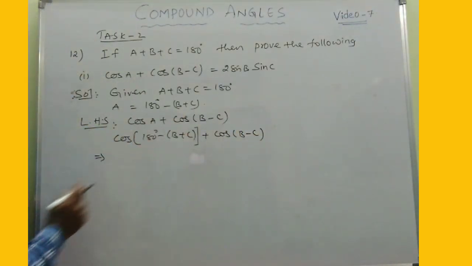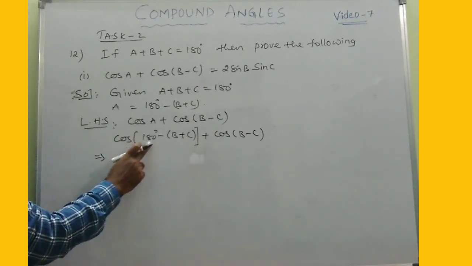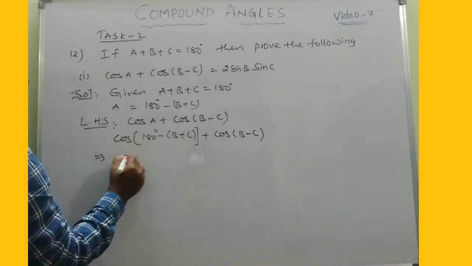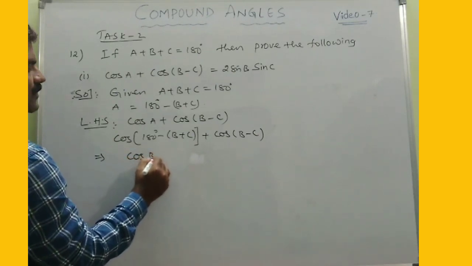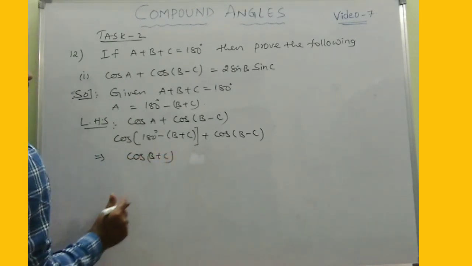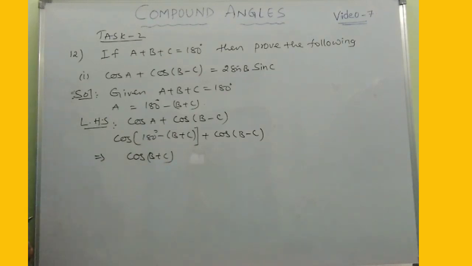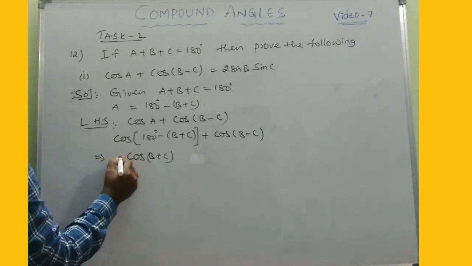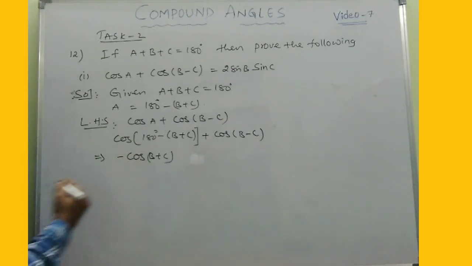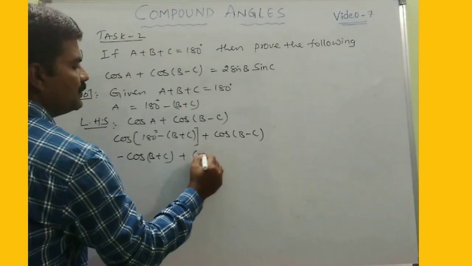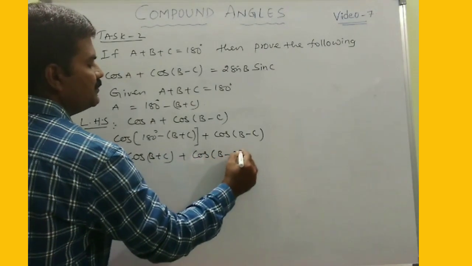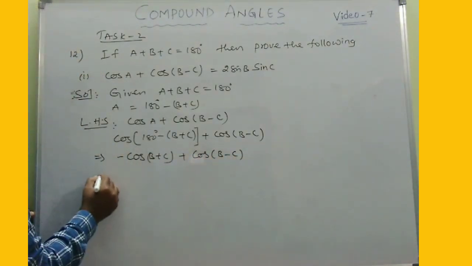Now you know, according to allied angle concepts, because of 180, cos remains as cos itself, cos of (B plus C). Moreover, this is in the form of 180 minus theta, second quadrant, so cos is negative. So this is minus cos of (B plus C) plus cos of (B minus C), right?